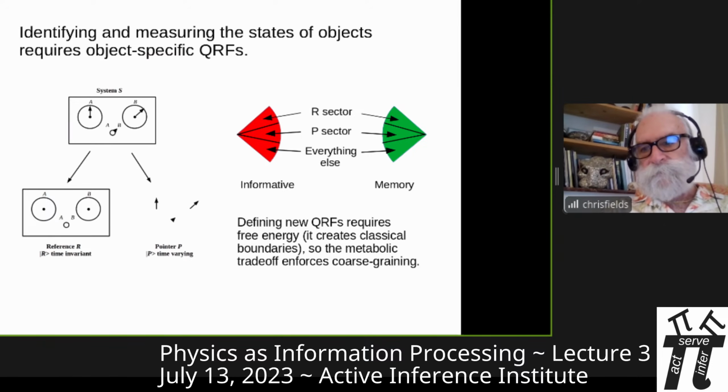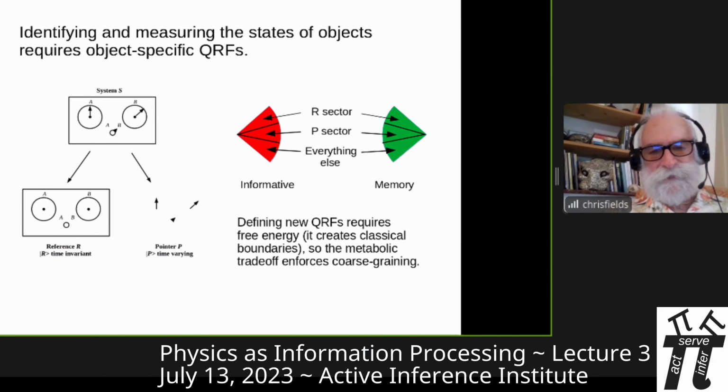And your process of finding the voltmeter is independent of your process of reading what it's actually saying on its dial. So in order to measure the state of an object, you have to have two QRFs, one that lets you find the object, and then the other that lets you measure the state of interest of the object. And we call these the R sector for reference, that lets you find the object, and the P sector for pointer, because old instruments used to have pointers on dials that read analog numbers.